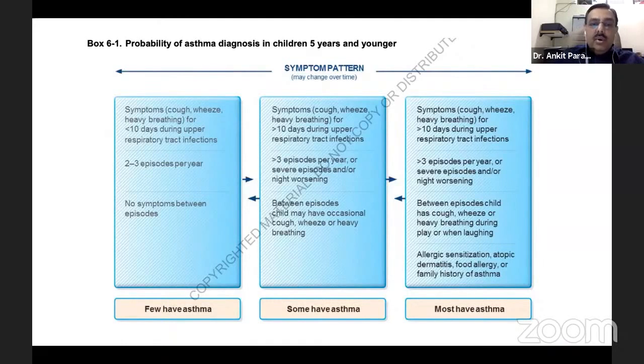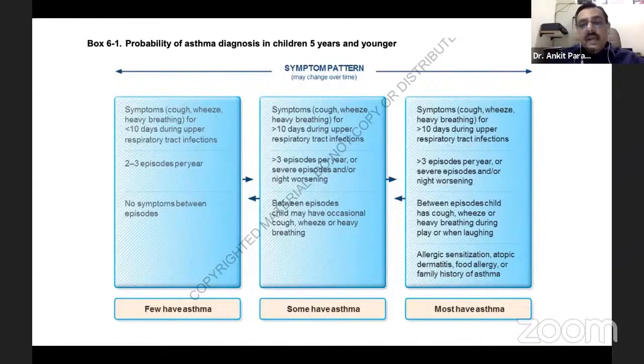Now, if you gradually go on to the right side, you will find that in the middle one, the duration of episode increases to more than 10 days. The number of episodes increases to more than 3 episodes a year or severe episodes. And even in between episodes, the child seems to be symptomatic with cough, wheeze, or heavy breathing. If the child has this symptomatology, then it says that some will have asthma.